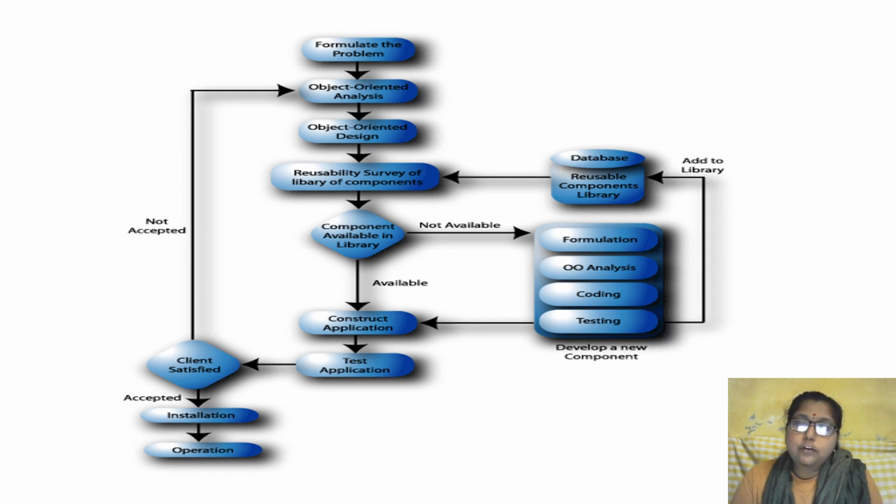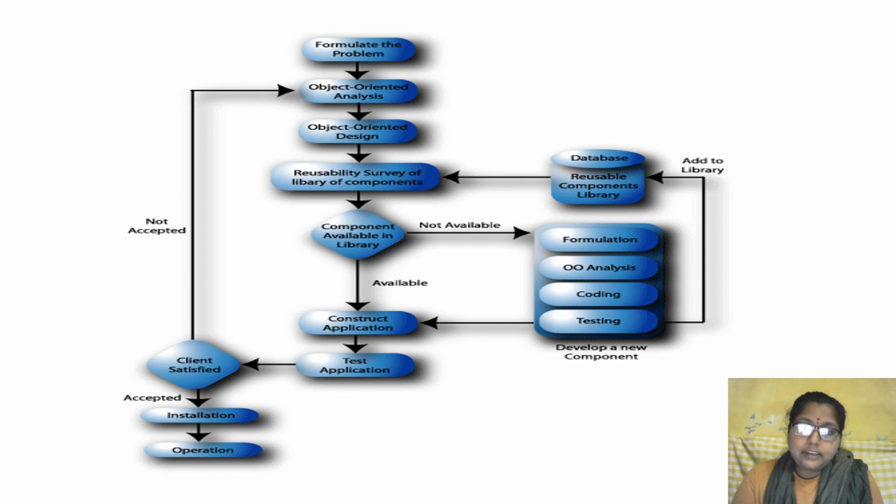We again go to the formulation or develop a new component, and then go to reusability, and again modify the reusability survey of library components. Again we go to the step of checking whether components are available in the library.